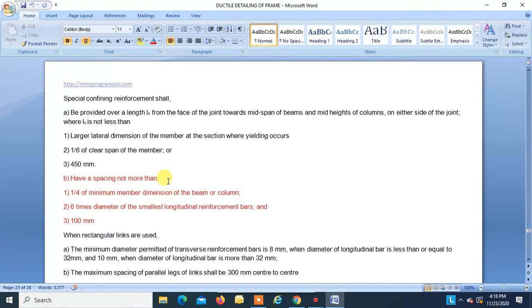Now we will come to the point for finding the confining reinforcement. Special confining reinforcement shall be provided over a length of L0, where L0 is the larger lateral dimension, that is D, or 1/6 of the clear span of the member, or 450 mm. We have to take the greater of these.